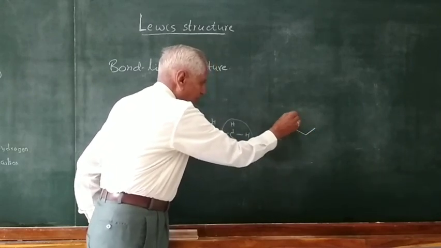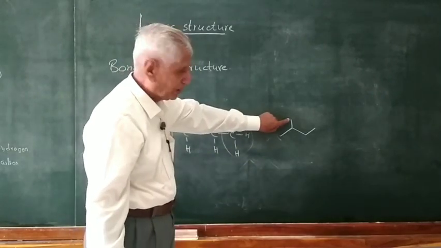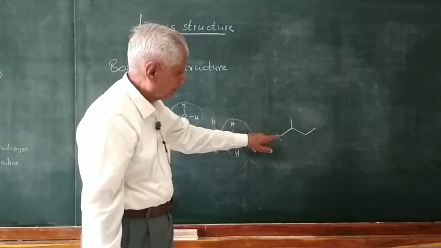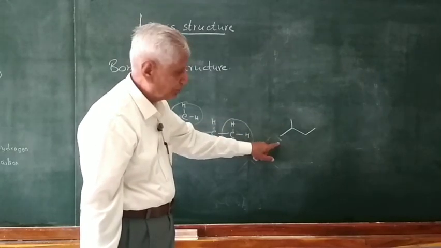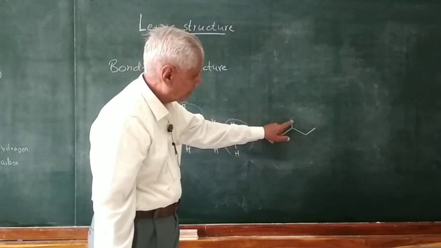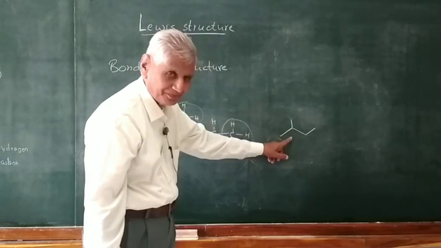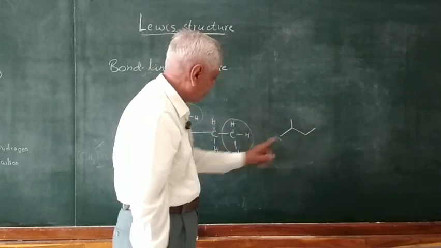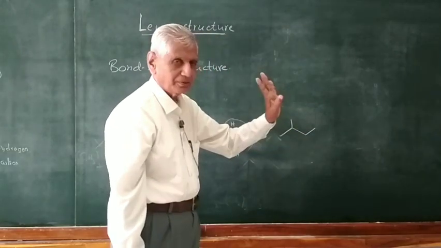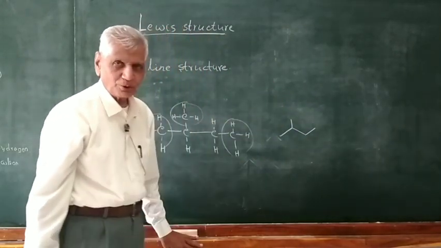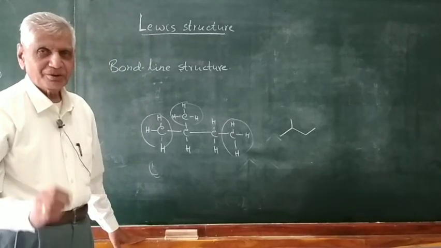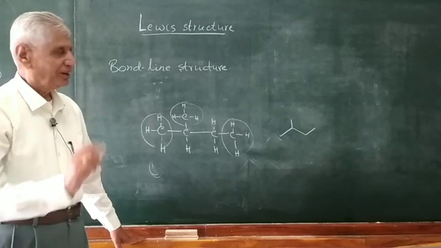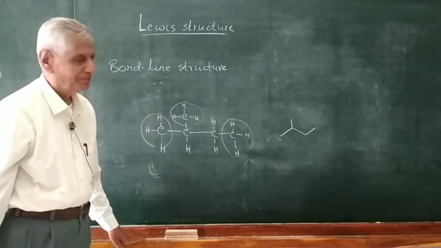It means here one carbon is attached to three hydrogens, and one carbon is attached to a CH3 group and one H. Here it is connected to CH2, CH3. Hope you have followed it. It's called a bond line structure. Now let me write another compound.